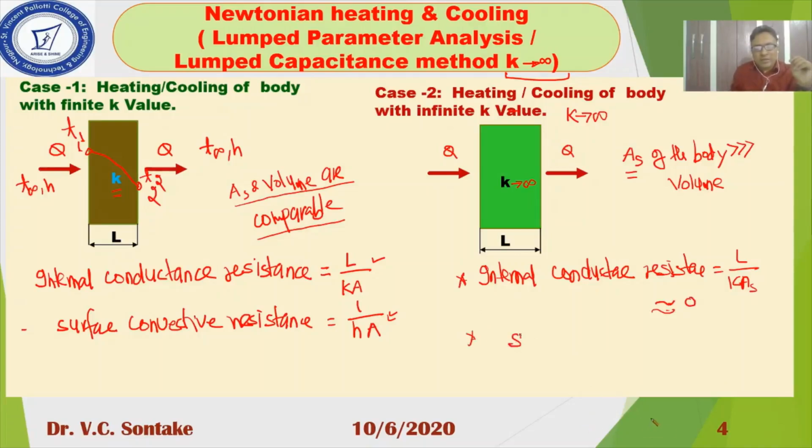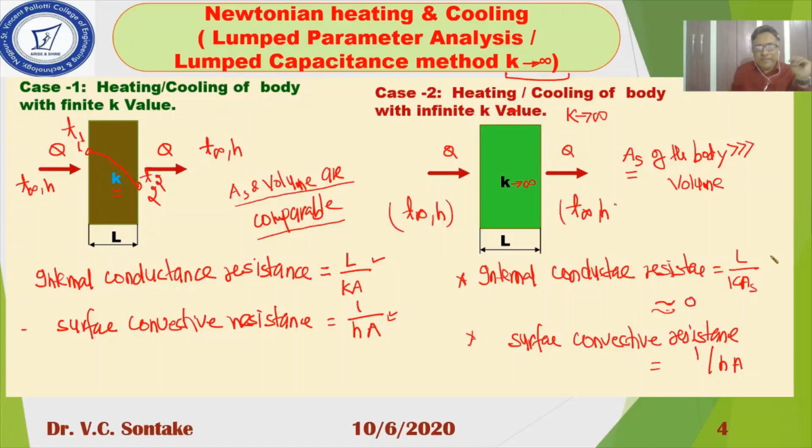And the surface convective resistance will be 1 over ha, if it is exposed to the fluid at temperature T infinity and convective heat transfer coefficient h on both sides. Now, what is the difference then? What is the difference between case 1 and case 2?